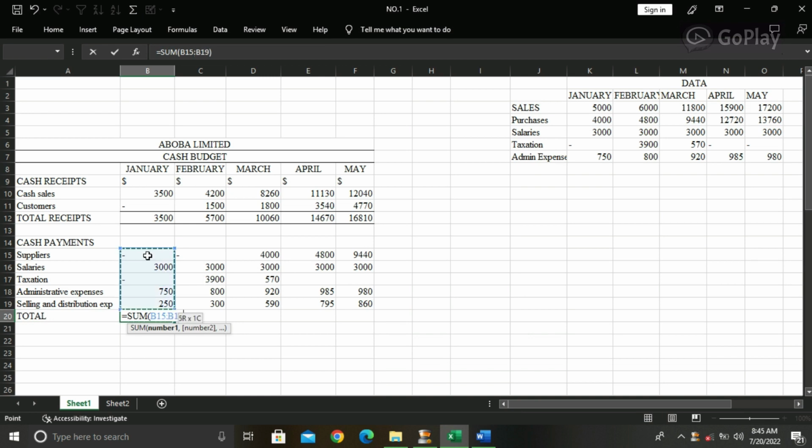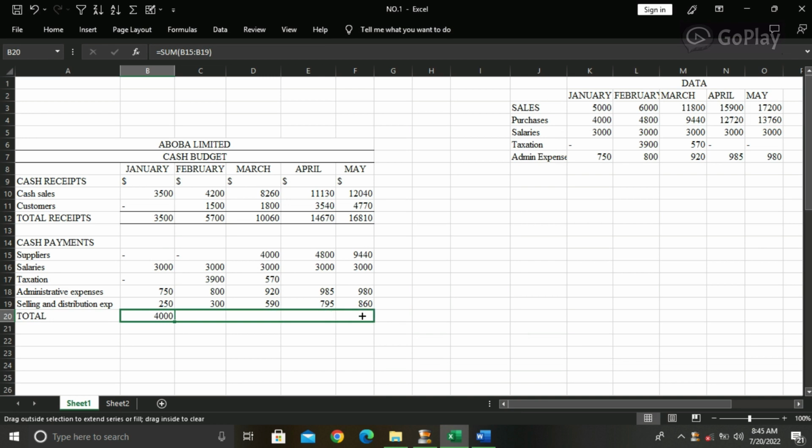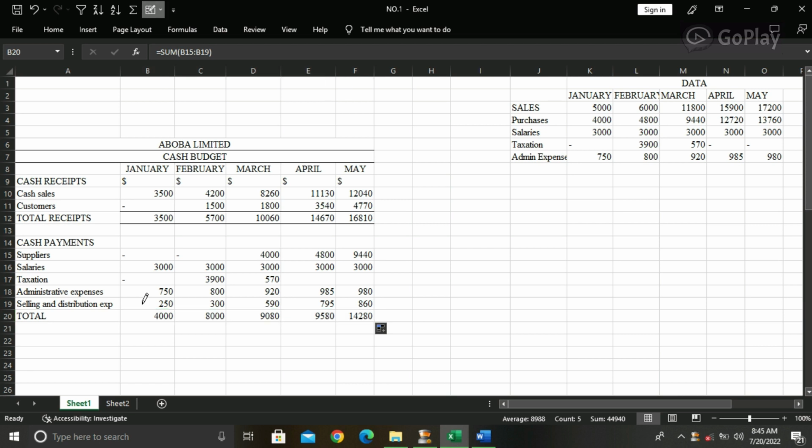So I'm going to use my Excel to get the total cash payment. I'll just drag to calculate the total for each of the 5 months. So I'll underline my total payment.